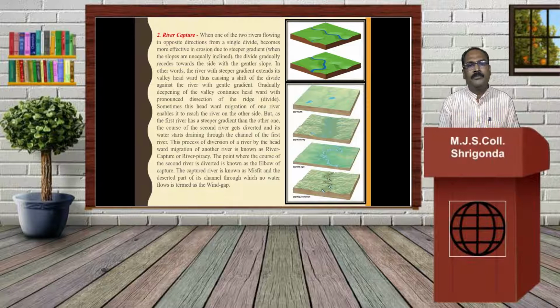In other words, the river with the steeper gradient extends its valley headwards, thus causing a shift of the divide against the river with the gentle gradient.